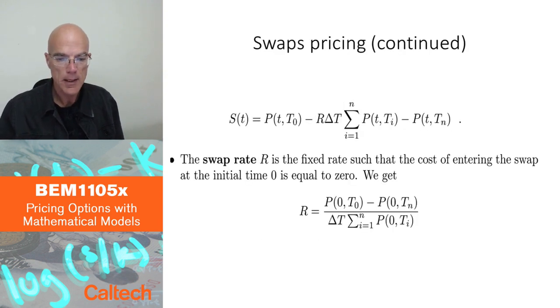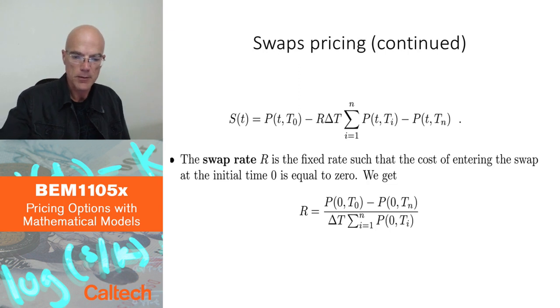Go to the next slide. I'm just repeating the formula here. By definition, the market swap rate is the one which makes the cost of entering the swap at initial time equal to 0. So I'm going to put small t equal to 0 just to be specific here.